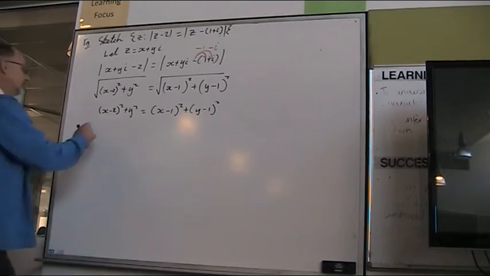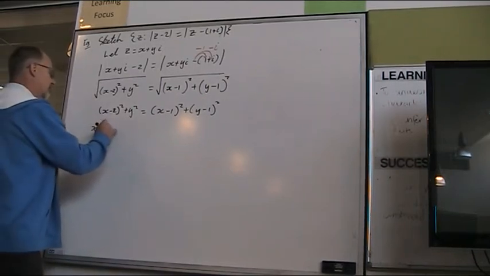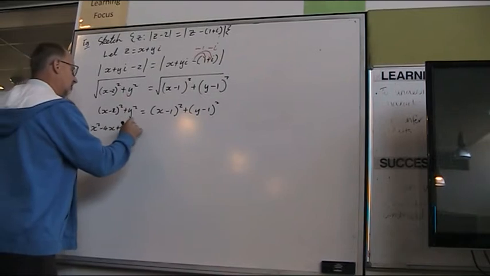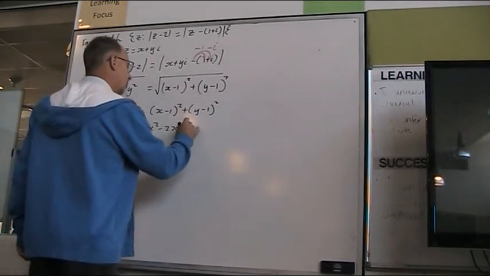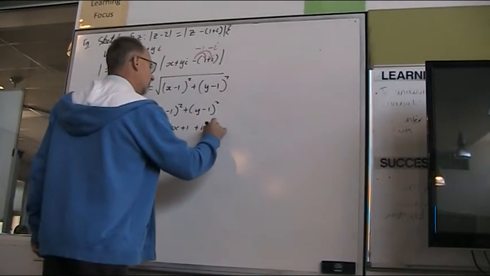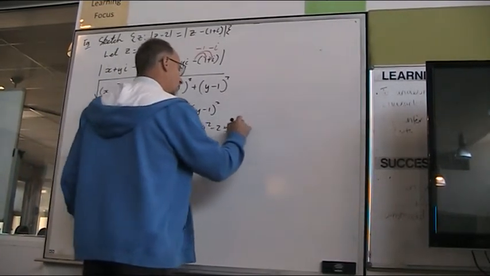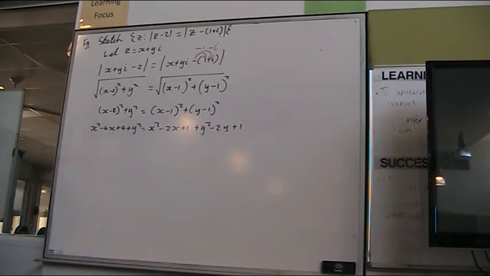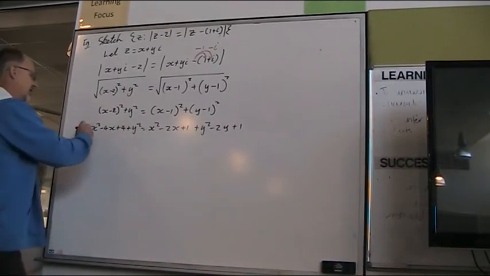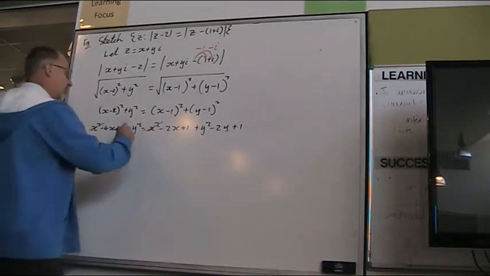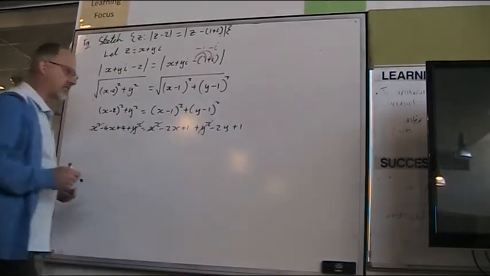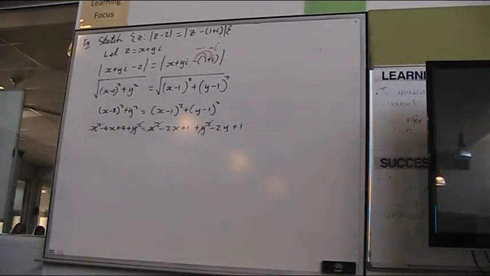Expand, yep. x squared minus 4x plus 4 plus y squared equals x squared minus 2x plus 1 plus y squared minus 2y plus 1. Then cancel, collect like terms. The x squared's going to go when we take x squared from both sides. The y squared's going to go when we take y squared from both sides.